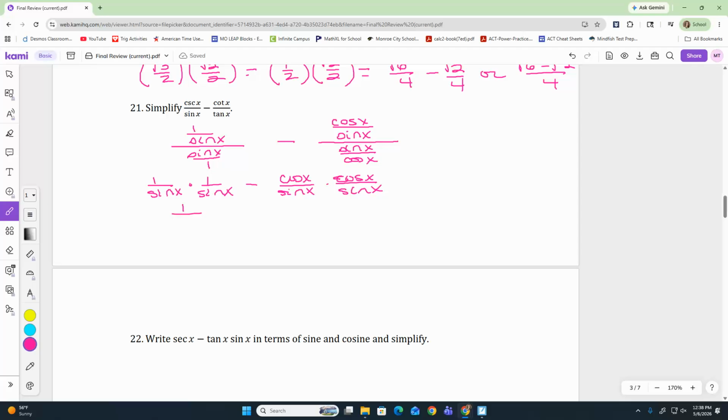So I get 1 over sine squared x minus cosine squared x over sine squared x. What do I do now? We have a common denominator, so we can make one big fraction. What is 1 minus cosine squared? Sine squared x over sine squared x gives us 1.